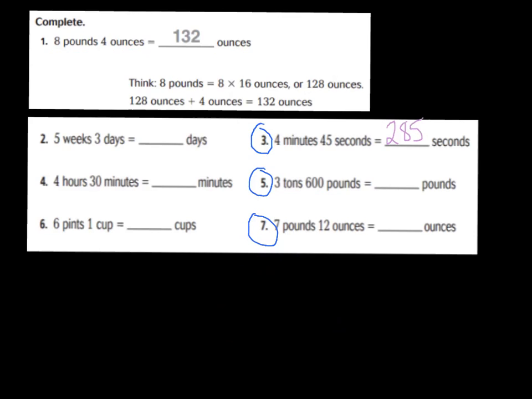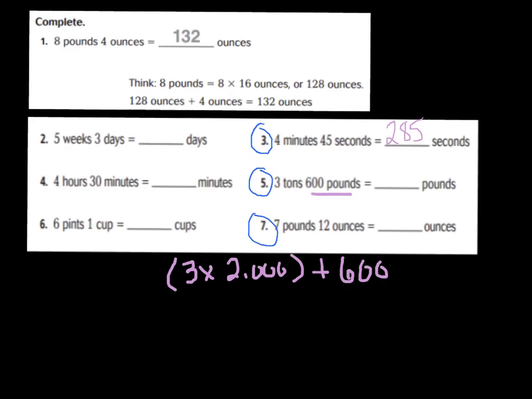Okay, let's look at number 5 together. Well, I know that I have 3 tons, 600 pounds, and I needed to change the 3 tons into pounds first. So I know that in 1 ton, there are 2,000 pounds, but I have 3 of those tons. So I would say 3 times 2,000, and then whatever my answer was to that, I would have to add my 600 pounds to that also.